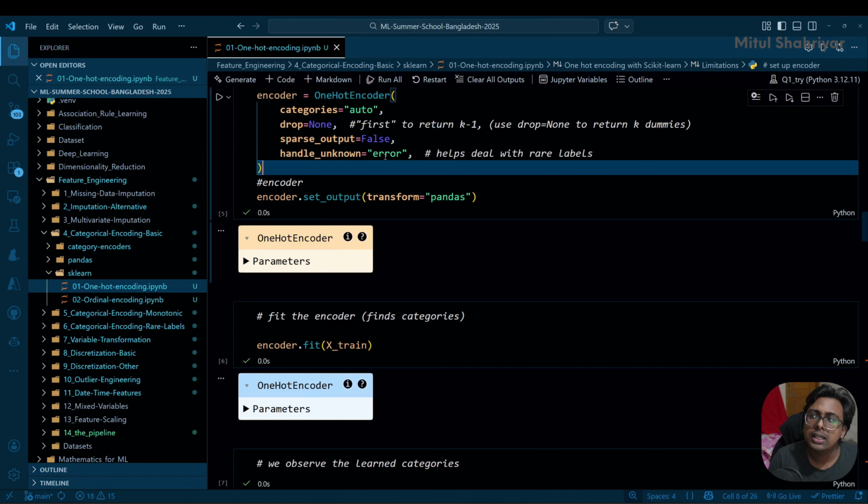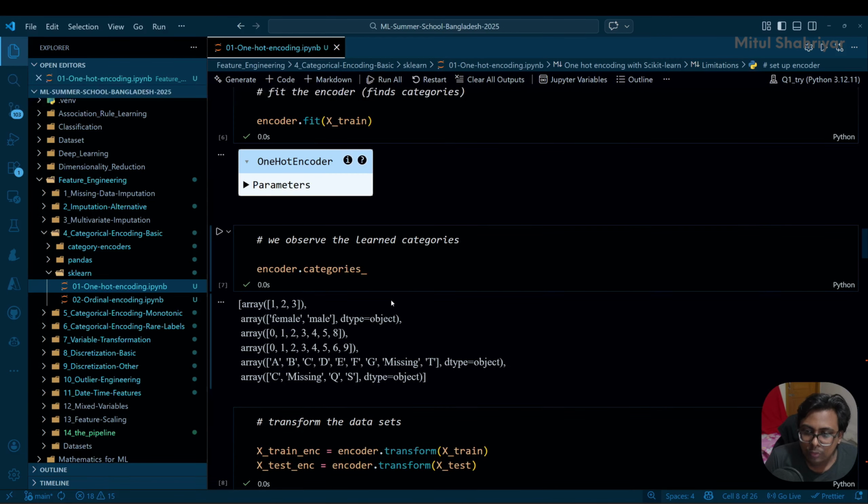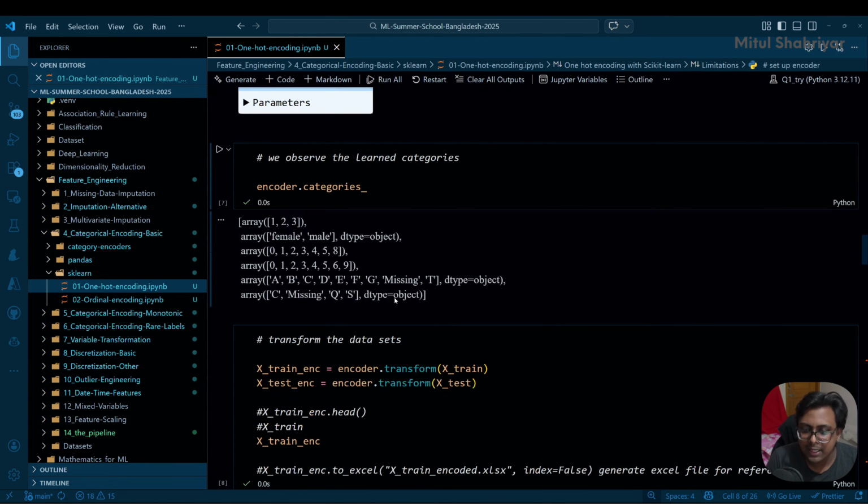Because we were saying that in case of real labels, if we don't handle it and then use this one-hot encoding, that should not be good. And this one-hot encoder basically handles this issue. You can say what should be done in case it finds an unknown label. Okay, great.